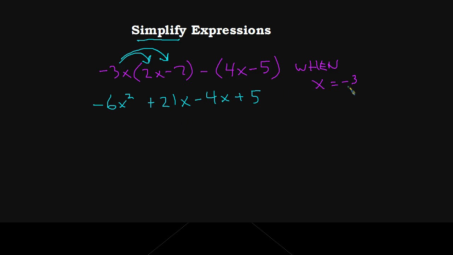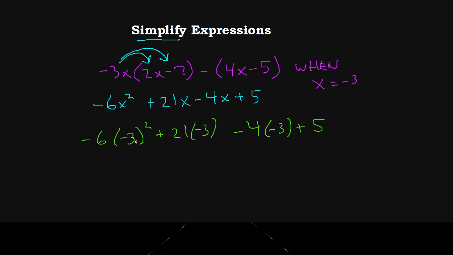So let's now go ahead and plug the -3 in. I mean substitute the -3 in. So again, I take the x's and I make them into parentheses, and then we go and we substitute in the -3. And now let's go ahead and use PEMDAS and do the math.